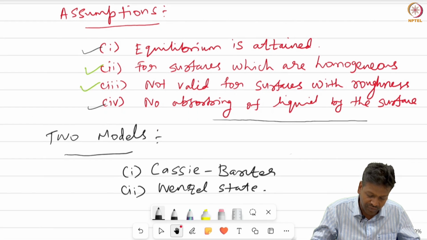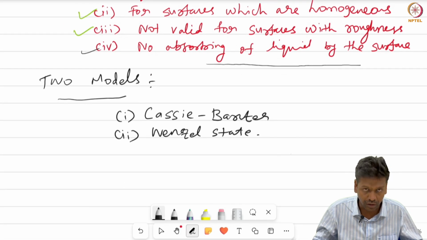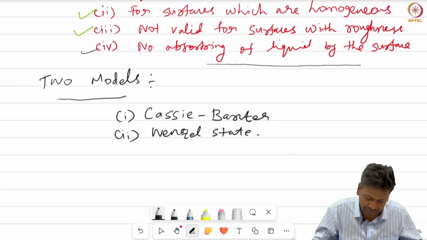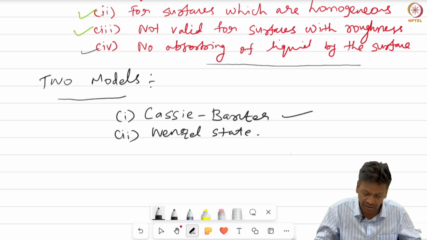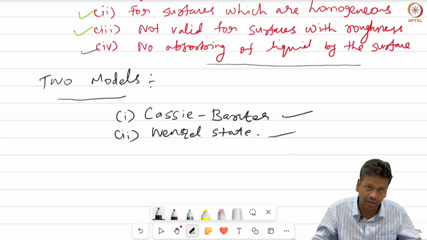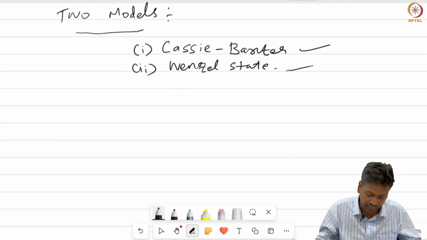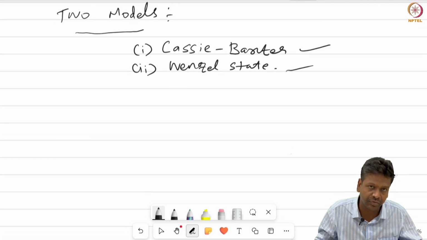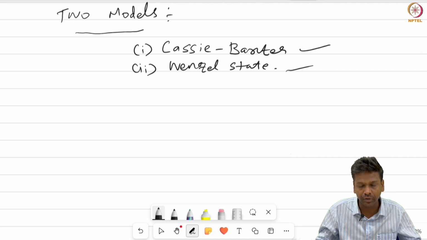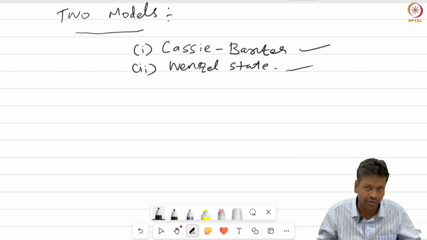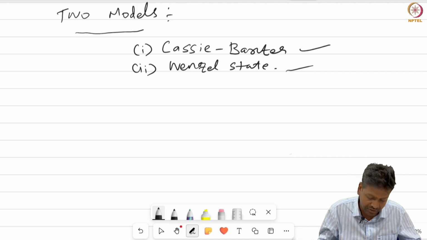We have got two models: one is Cassie-Baxter, the other one is Wenzel. The Cassie-Baxter model comes from Cassie's law itself. What this law says is that whenever you have a surface which is porous in nature, let's say I can draw a schematic.